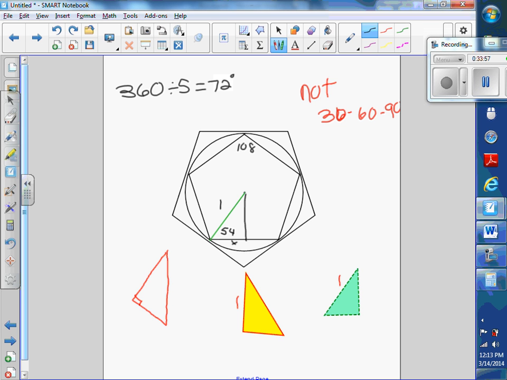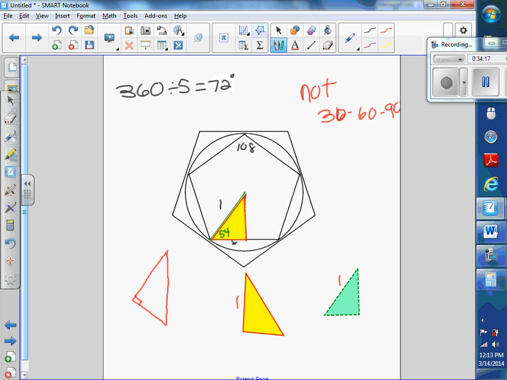Did you see my triangle? You know that the side of 54 is half of one of the sides. This is 54, right? Opposite, adjacent. And I know that I want x.